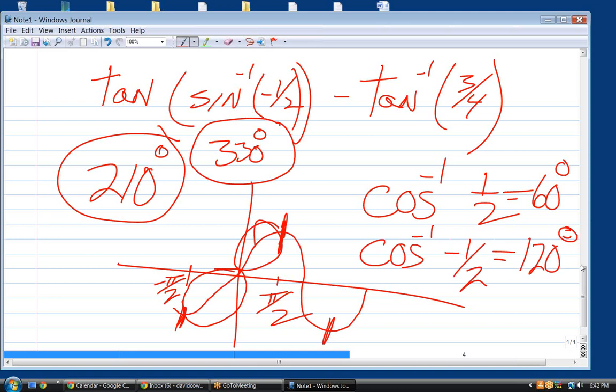The 240 answer is correct; if you took the cosine of 240, you'd get negative 1/2. It's just your calculator can only give you one answer. For cosine, positive is first quadrant, negative is second quadrant. For sine, negative numbers end up in the fourth quadrant, positive numbers in the first quadrant. Therefore, 330 is what we want to take the tangent of.